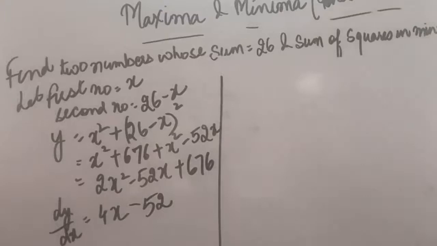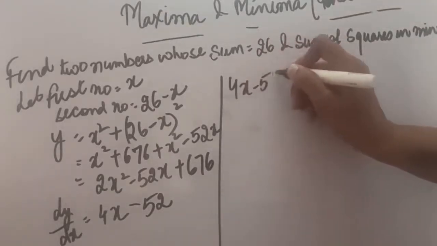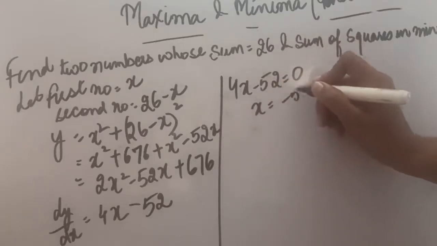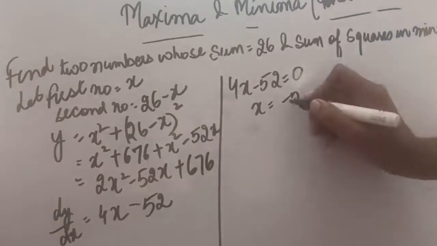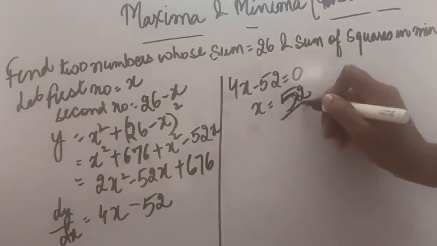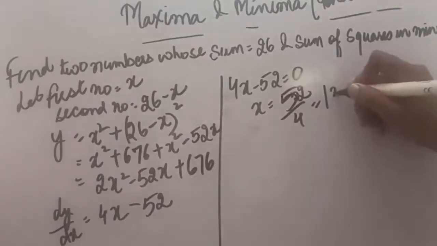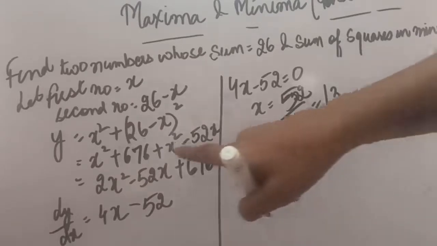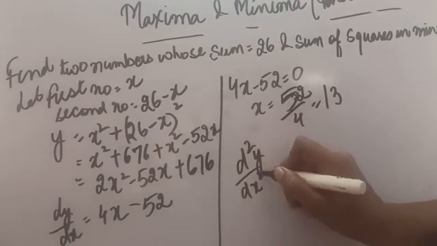Now our next step is to put the derivative equal to 0. So 4x minus 52 is equal to 0. From here we get the value of x as positive 52 divided by 4, that comes out to be 13. Now whether it is a maxima or a minima value, we can see by taking the second derivative, d square y by dx square.